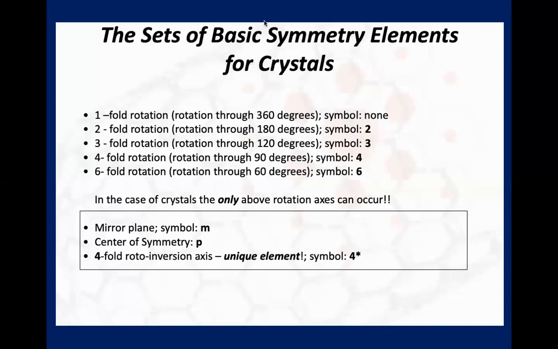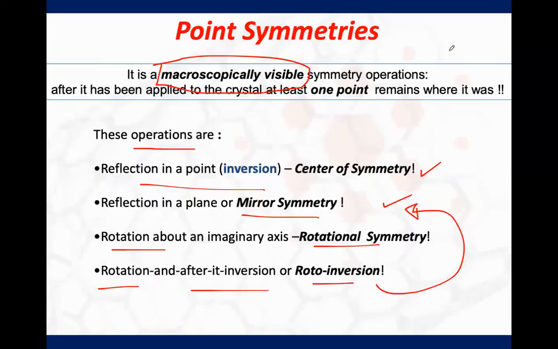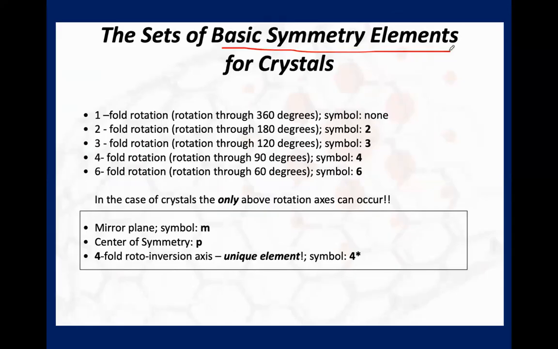So these symmetry operations let us define the basic symmetry elements in crystals, because we can combine these symmetries and find the elements in crystals. That will be useful to classify the crystals. So depending on these symmetries, different crystal systems can be classified.